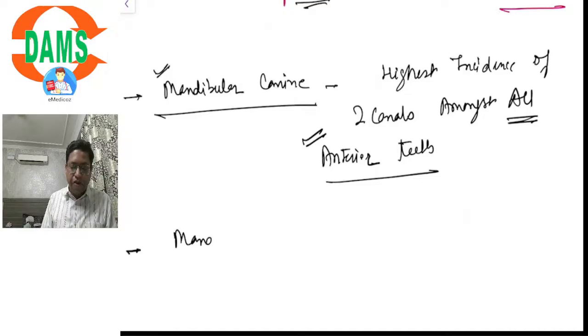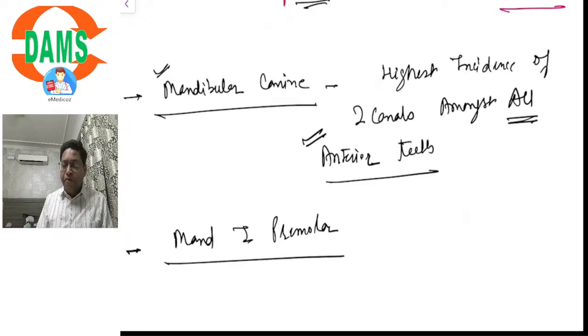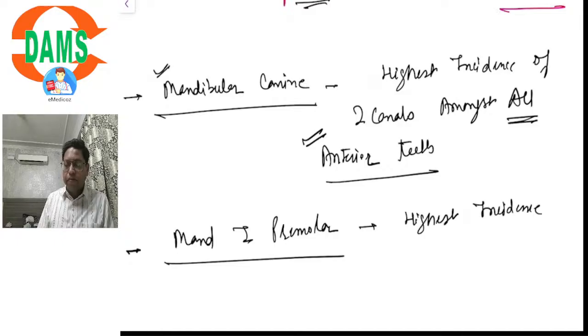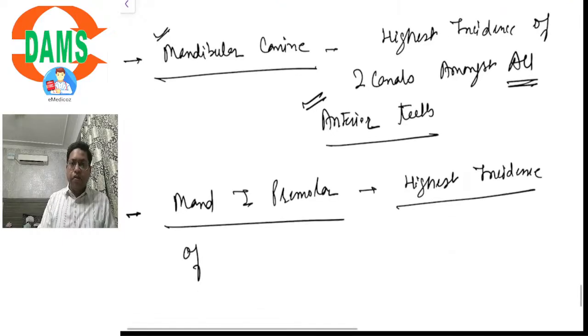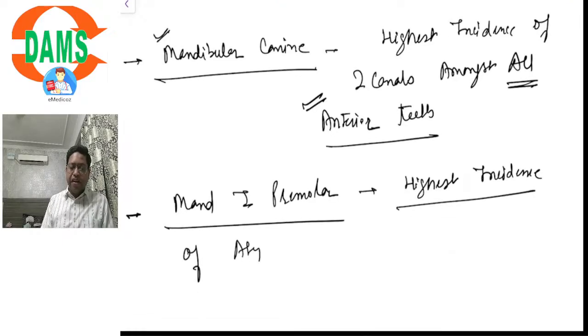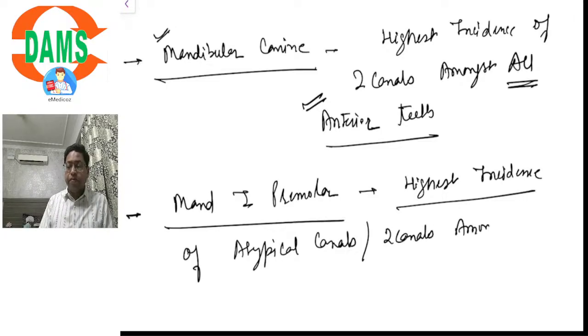Now we talk about mandibular first premolar. Mandibular first premolar has the highest incidence of atypical canals or two canals amongst all teeth.